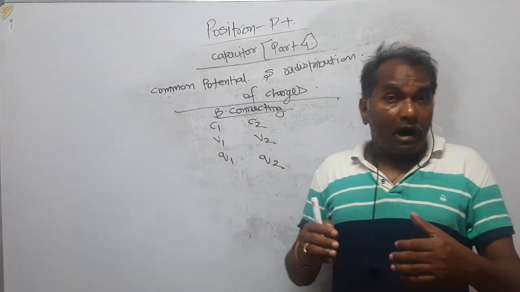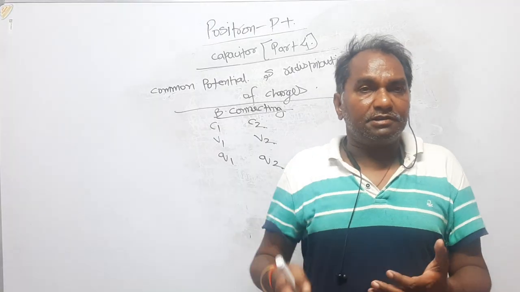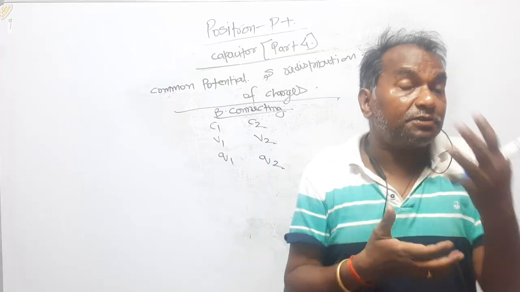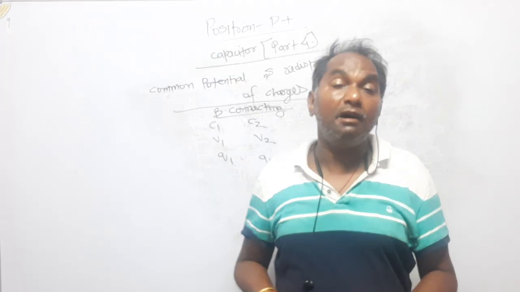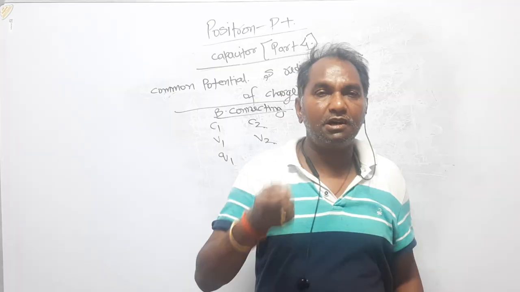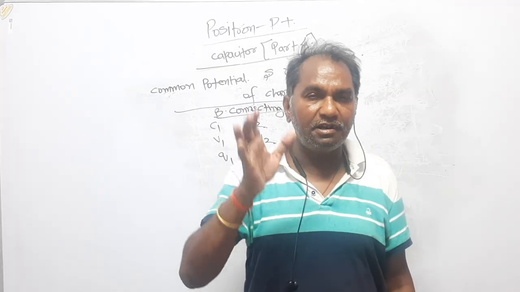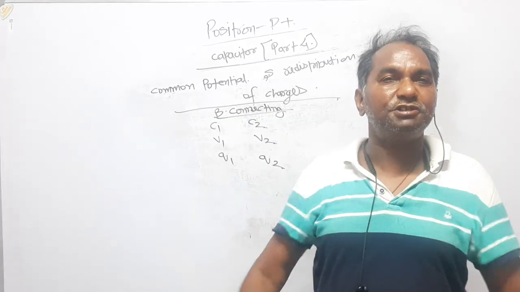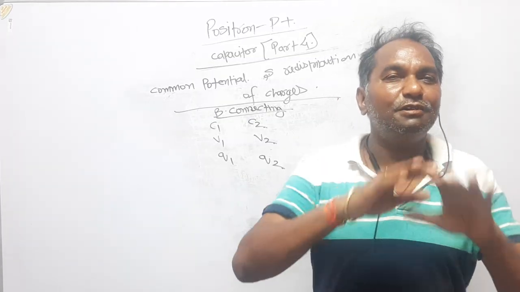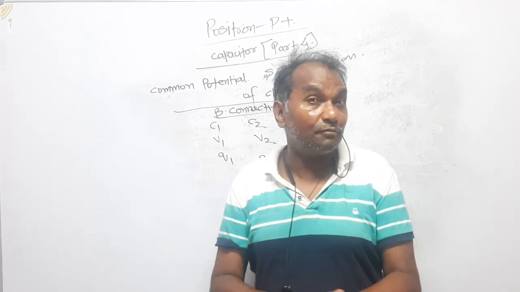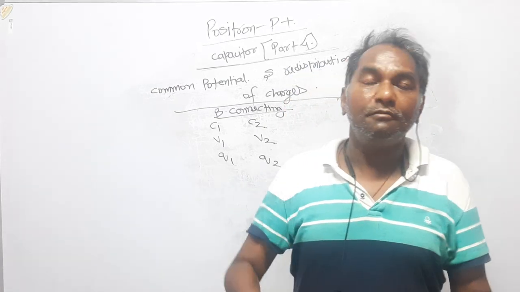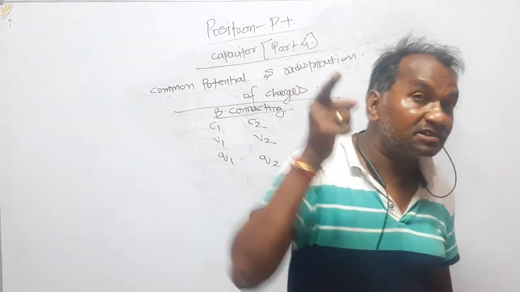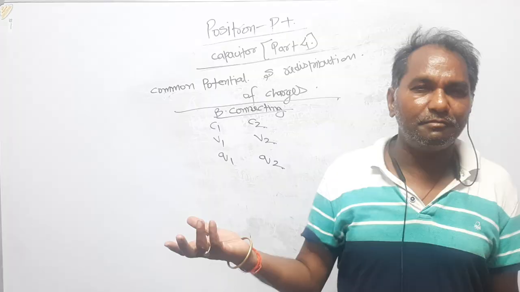The charge will be shared between them until they reach the same potential, because when the potential difference becomes zero, there will be no redistribution of charge. When both capacitors attain the same potential, it is said to be the common potential.